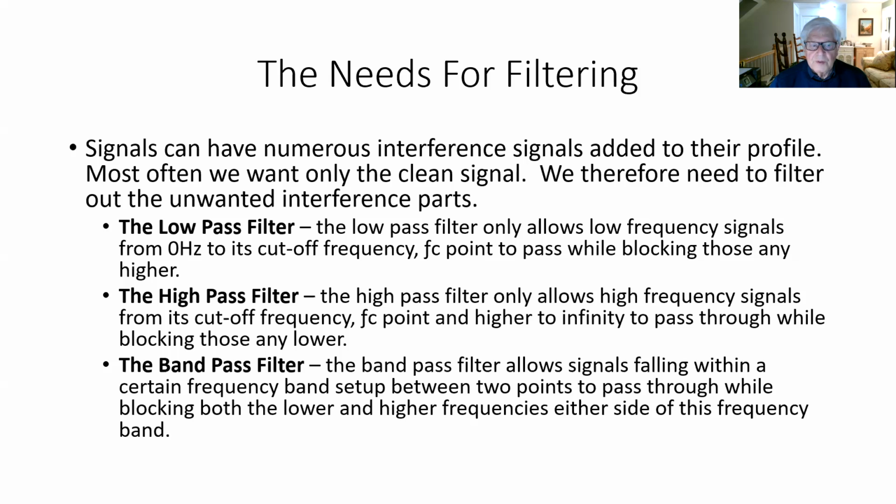There's nothing we can do with it. And then finally, if we're interested in just a specific range of frequencies, then we use a bandpass filter. Normally a bandpass filter is used to tune in a specific frequency.